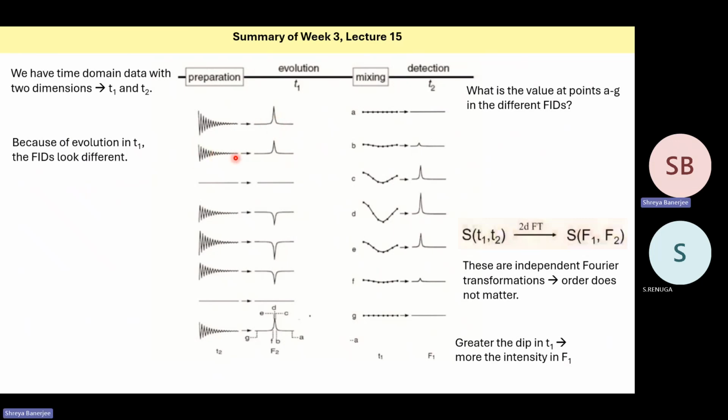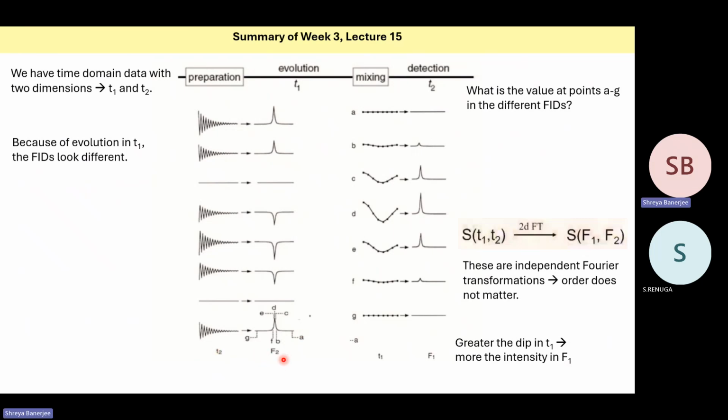This is another FID, we get a lower frequency. Another FID might give us a completely zero frequency or a negative frequency. So we are getting many different FIDs based on how T1 is changing. And like that, we are getting many different spectra in the frequency axis. This is the T2 and F2.